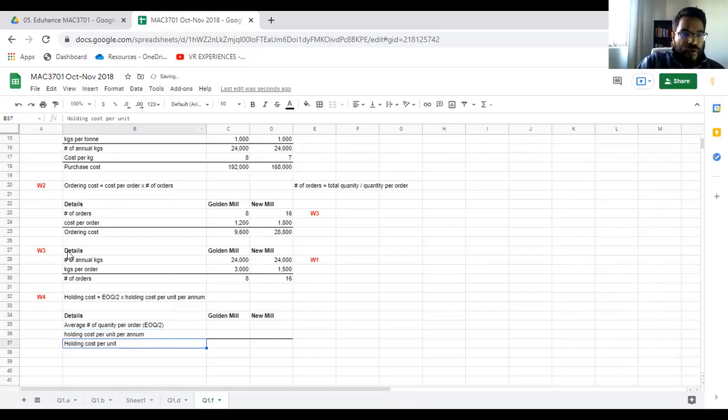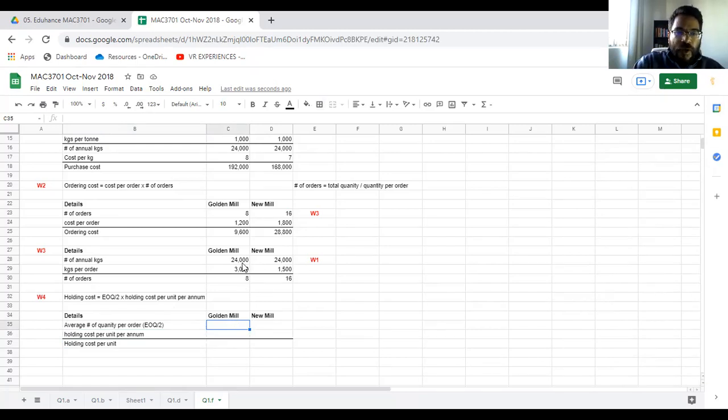Because we are using the holding cost per unit for an entire year, we work out the average number of quantities per order. The average quantity per order gives you, on average, how many units are in storage or held at a given point in time.